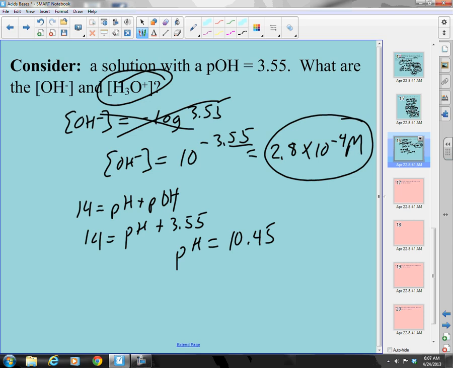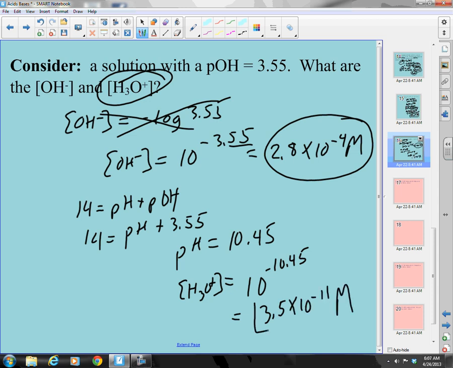Yeah, I think that's 10.45. So that means my hydronium concentration is equal to 10 to the negative 10.45, and I get something along the lines of 3.5 times 10 to the minus 11th molar.